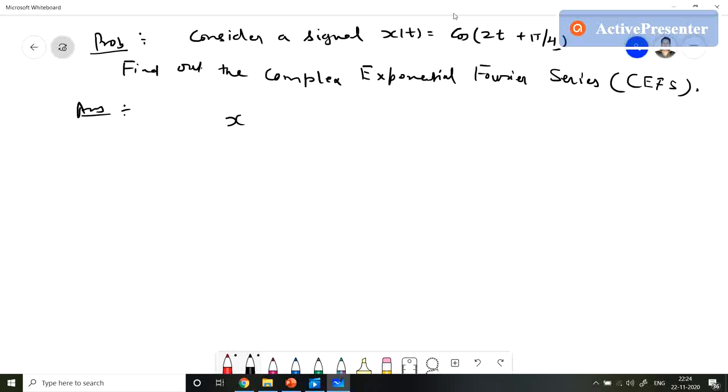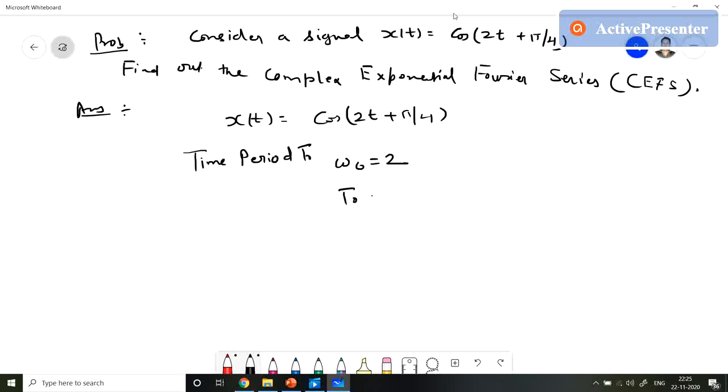So x(t) is given as cos(2t plus pi by 4), and if we see the time period, omega naught is equal to 2, so time period T naught is equal to 2 pi divided by 2, that is pi.